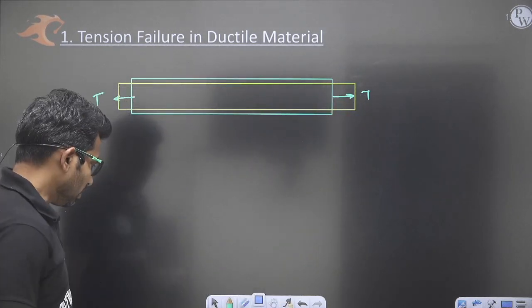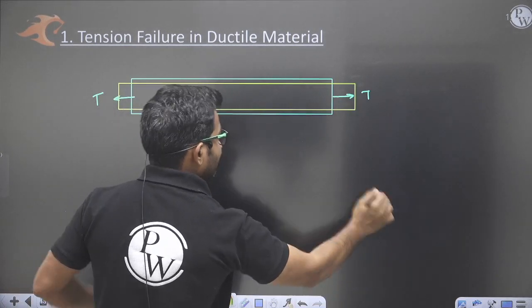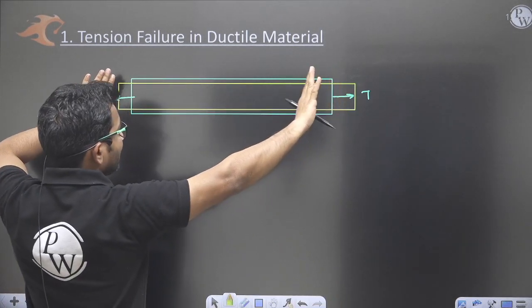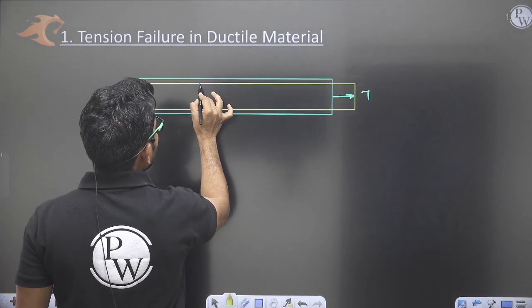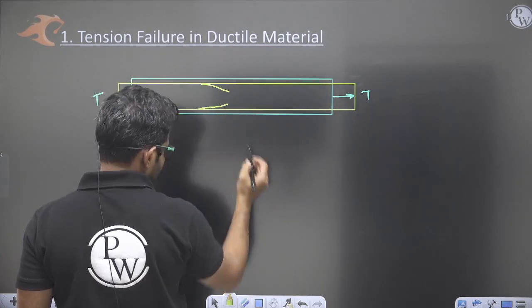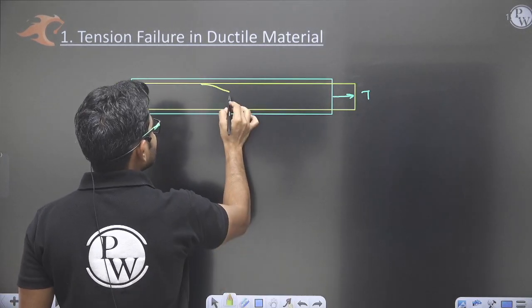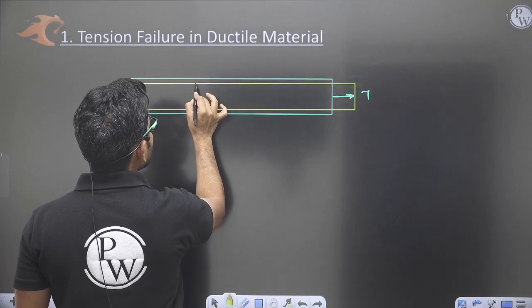After too much strain, along the weakest plane, the area of cross section will suddenly start decreasing.